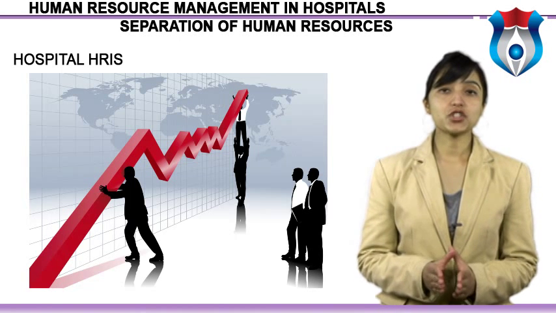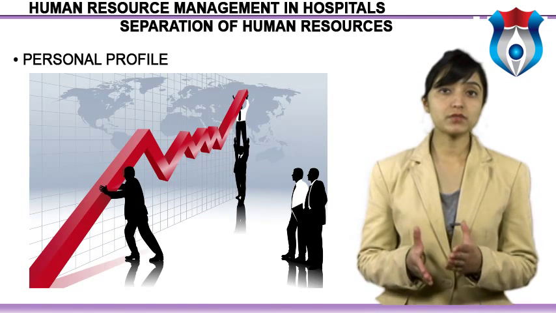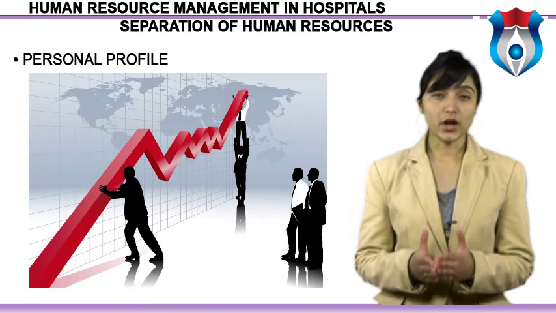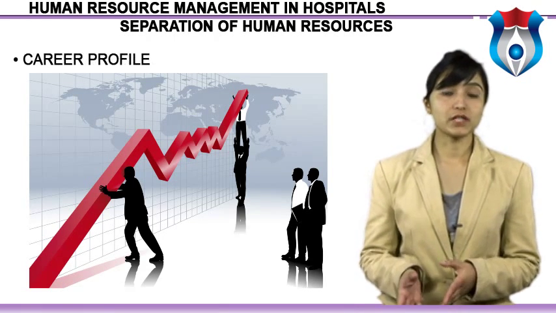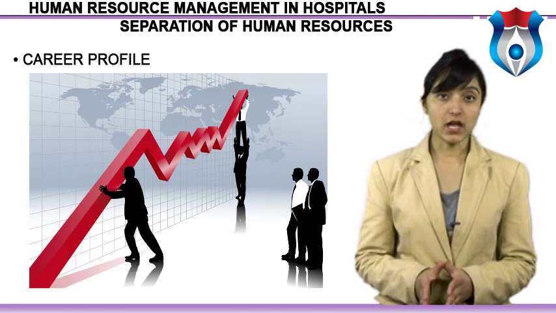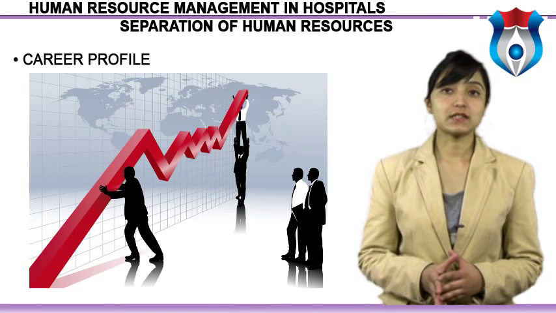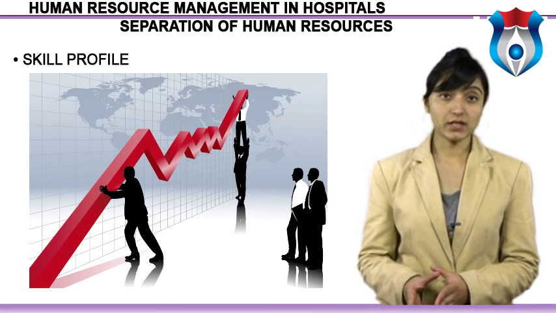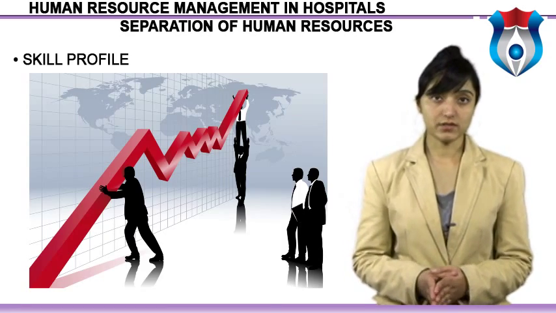A hospital HRIS should consist of the following modules: personal profile, including name, age, sex, domicile, marital status, and address of employees; career profile, including performance appraisal, job title changes, salary changes, promotions, transfers, and career paths designed for employees; and skill profile, including education, training, license, degrees, skills, hobbies, and interests.